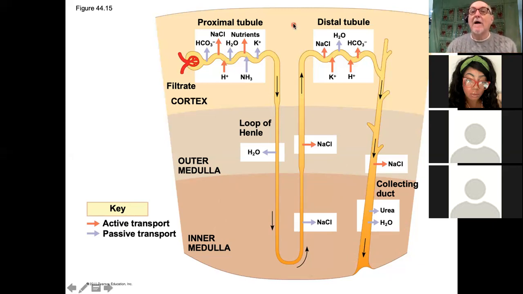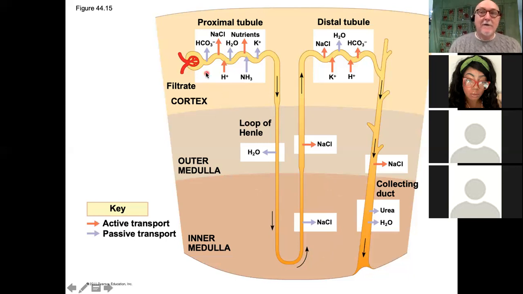So as we go from the outside of the kidney to the inside, we see increasing osmolarity, increasing concentrations, especially of salt, NaCl, and of urea as well. And this has an important function because a lot of the reabsorption of water from the filtrate as it passes through these tubes is by passive movement of water under osmotic pressure. So this is the function of maintaining high osmolarity here. It's so that the body can recover water from the filtrate.